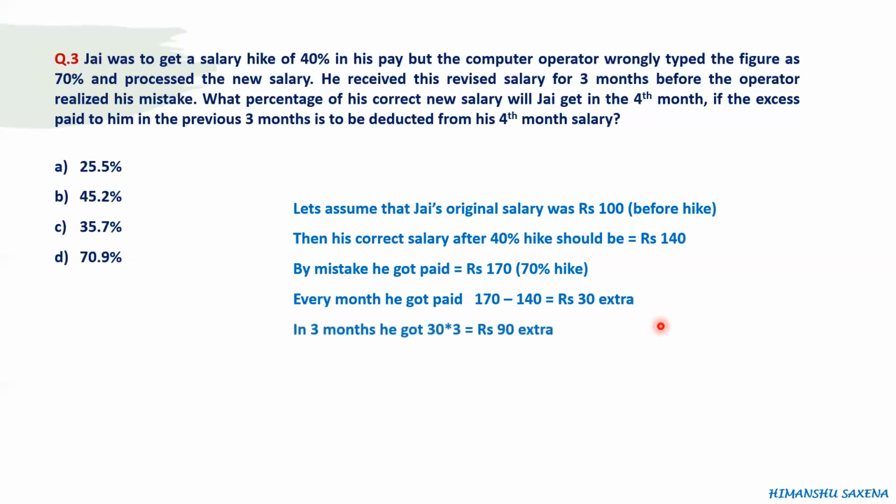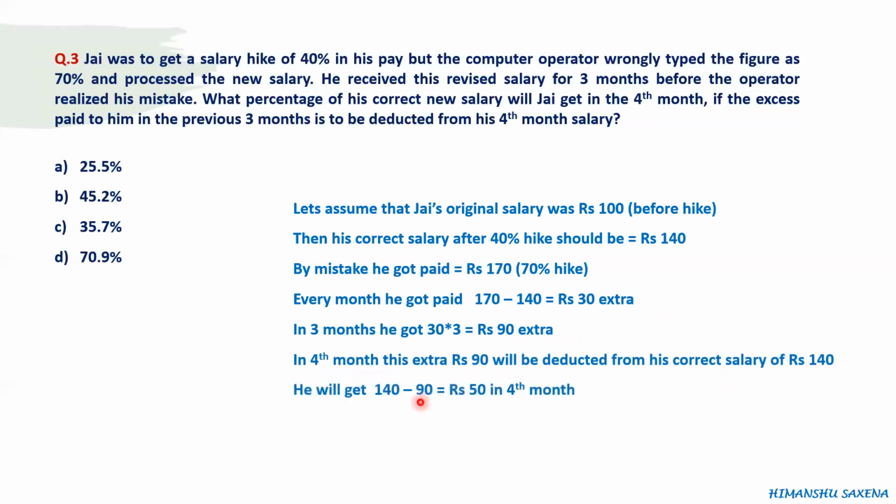Now in 3 months, how much extra did he get paid? 30 rupees into 3, which is 90 rupees extra. So this 90 rupees would be adjusted in his fourth month salary. So in the 4th month, this extra 90 would be deducted from his current salary of 140. So he will be paid only 140 minus 90, 50 rupees in the 4th month.